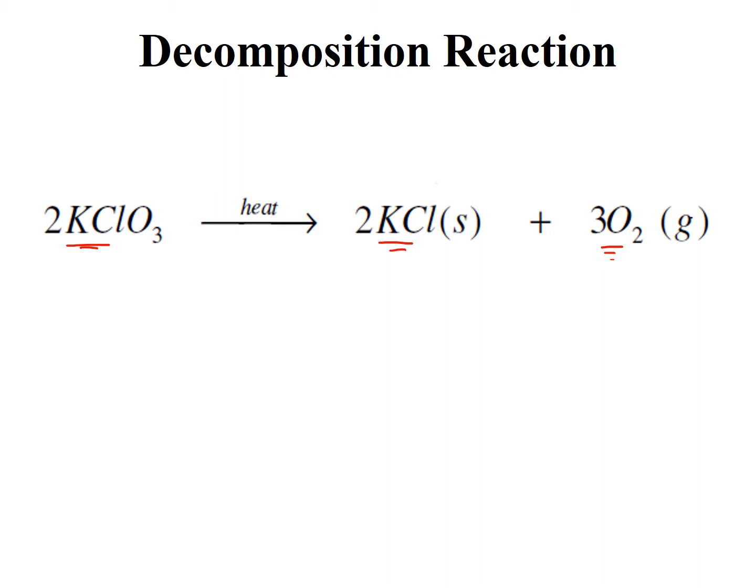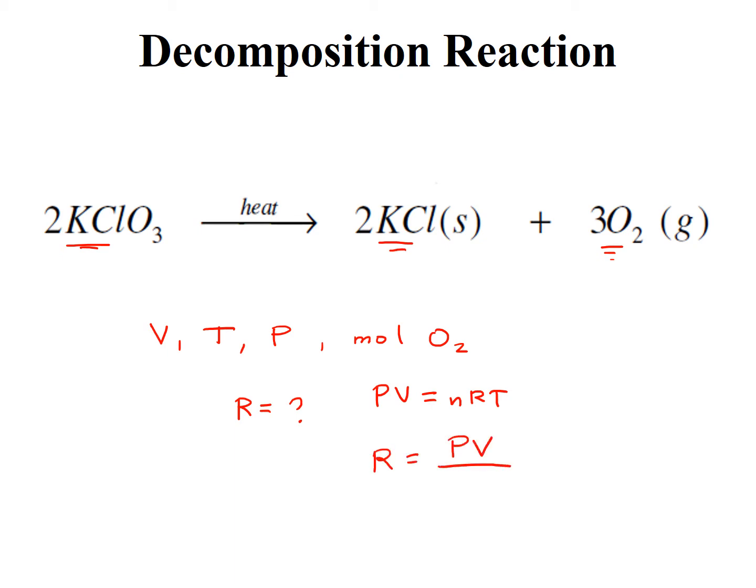From this experiment we'll be able to get the volume, the temperature, the pressure, and lastly the moles of the oxygen gas. Having all these variables, we are going to determine the R value. If we remember, PV equals nRT, that's the ideal gas equation. So R is just equal to pressure times volume over moles times temperature.